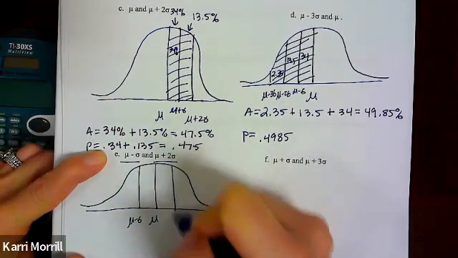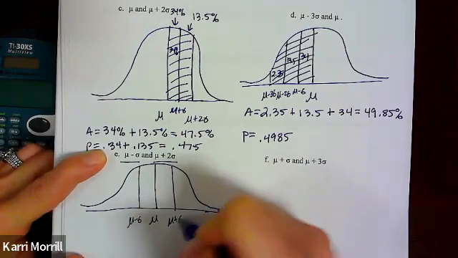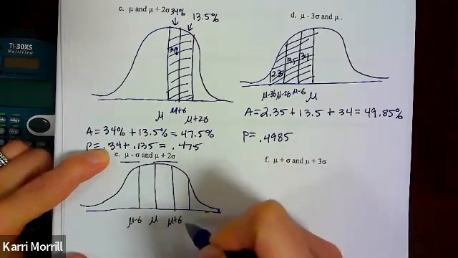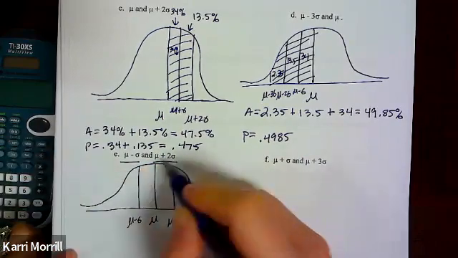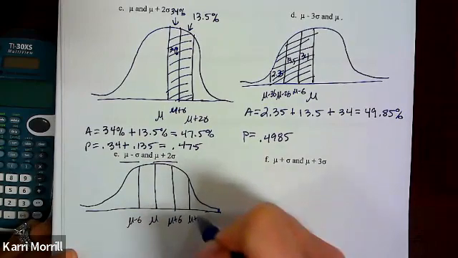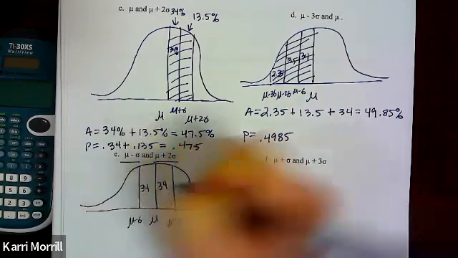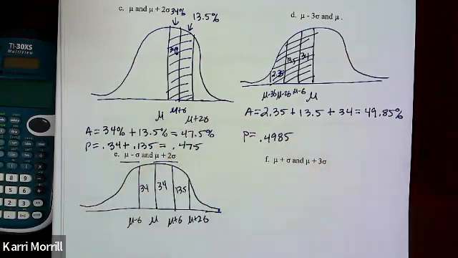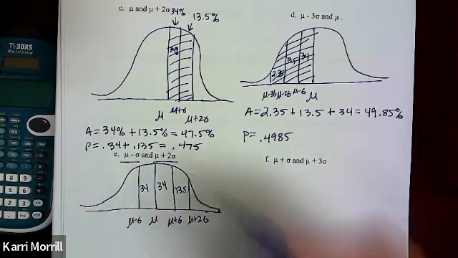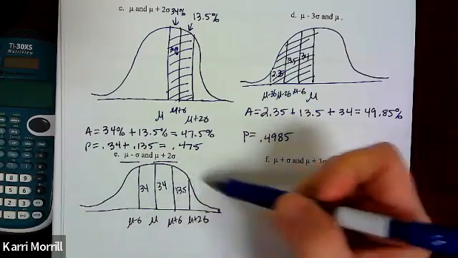And then this one, we're going over to a positive to the plus 2 standard deviations. So remember, this is 34, 34, 13.5 are our sections for those 3.